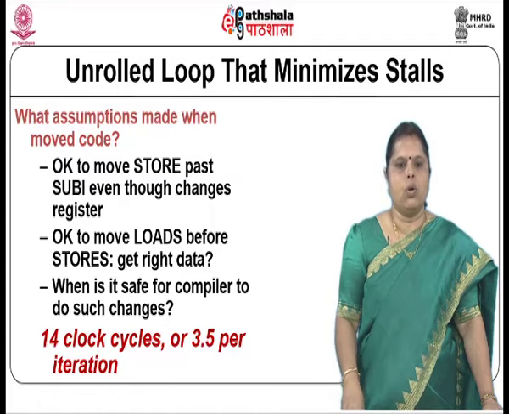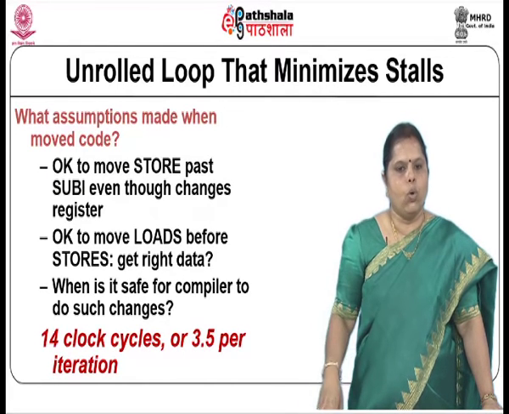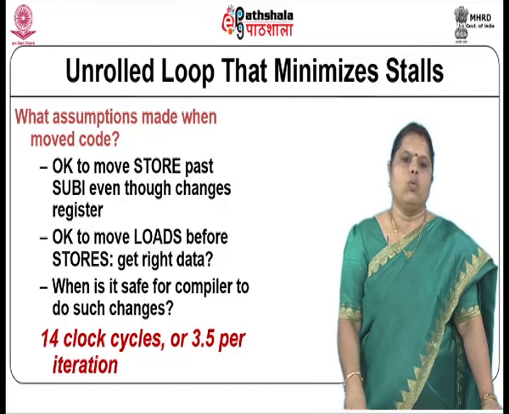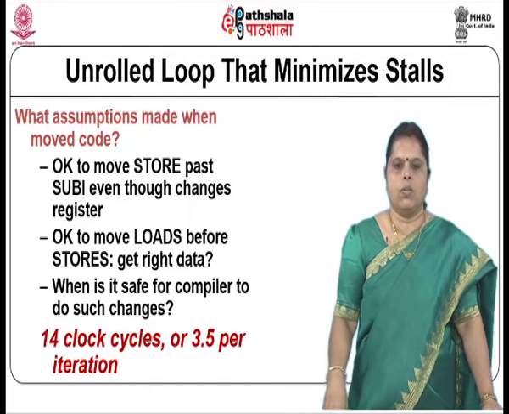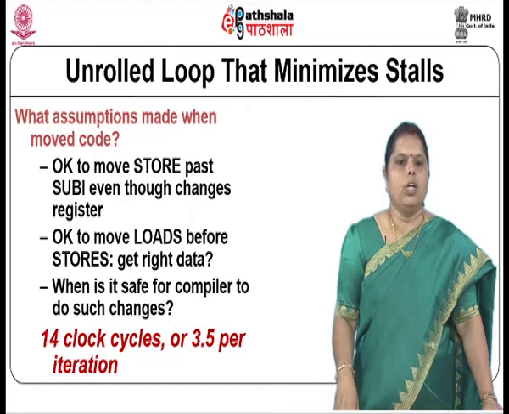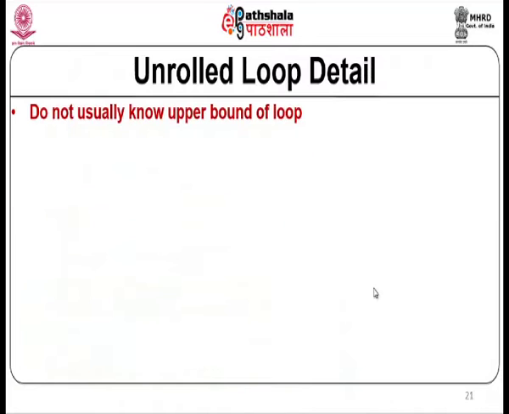So, we will have to make sure that these are not referring to the same addresses. Only if they do not refer to the same effective addresses, you can do changes of these loads and stores. You can shift these loads and stores wherever you want. So, in this case we have only 14 clock cycles or 3.5 clock cycles per iteration.